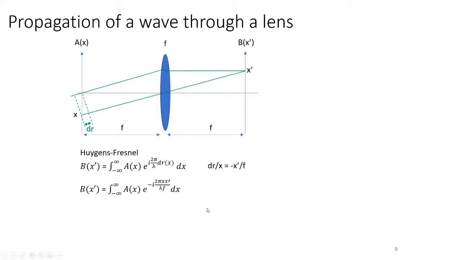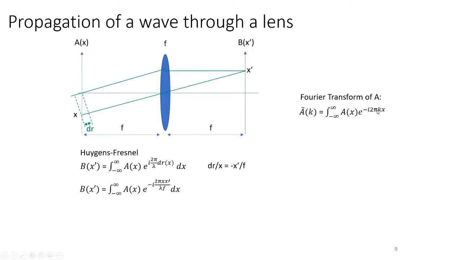If you write that and simplify this expression, you get that B of X prime is this quantity right here. This is nothing else than the Fourier transform. The definition of the Fourier transform of distribution A would be multiplying A by e to the minus i 2 pi kx.